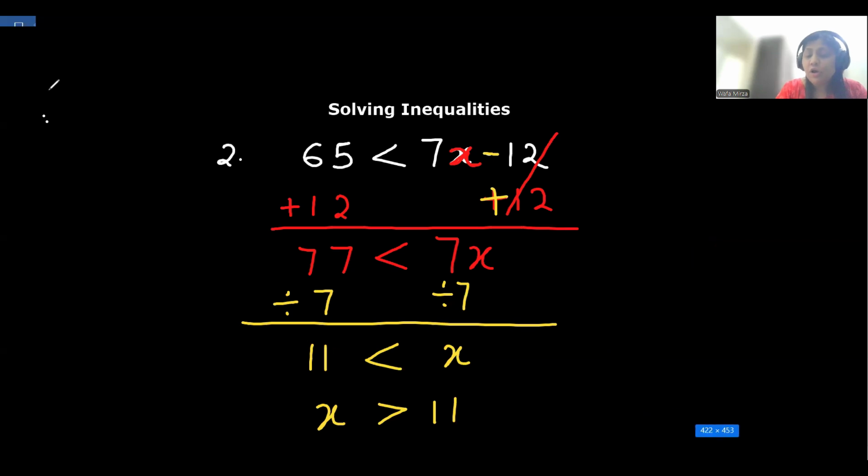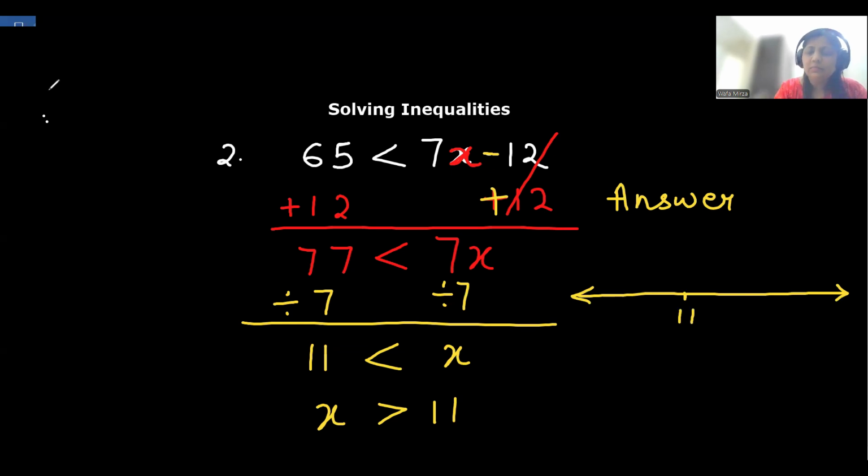So for writing my answer, I can again use a number line. I will draw a number line here. I will mark 11 somewhere on the number line. Now what I am saying, x is greater than 11.